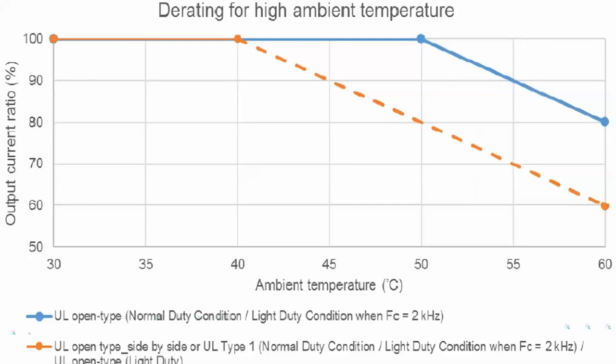If the drive is rated at 20 amps, you have to derate by 10%. So you multiply 0.9 by 20, and that will give you 18 amps. If 18 amps are not sufficient to run the motor that you wish to control, then you will have to choose a higher power model of drive.